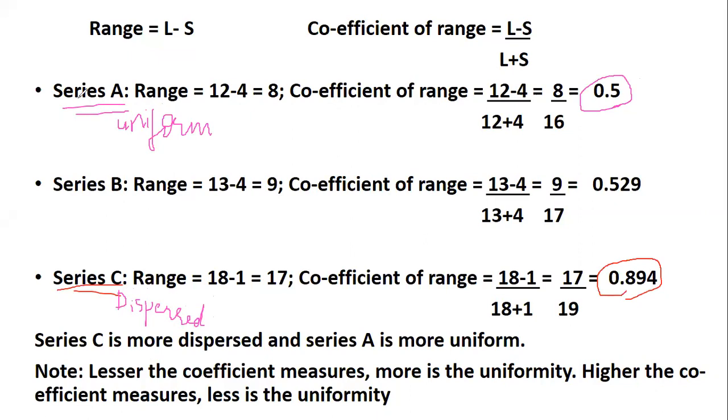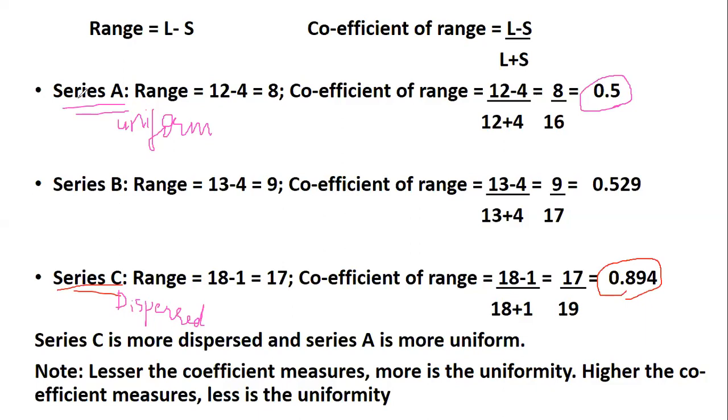So how do you understand, or how do you come to conclusion which is dispersed or which is uniform? By seeing their coefficient. So I've given a note at the end that lesser the coefficient measures, more the uniformity. So if you see, lesser the coefficient, 0.5 is less, so more uniform. Higher the coefficient measures, less the uniformity.